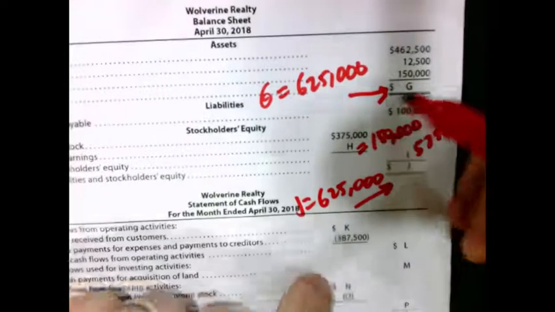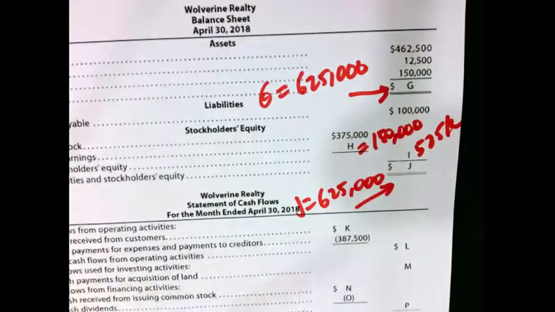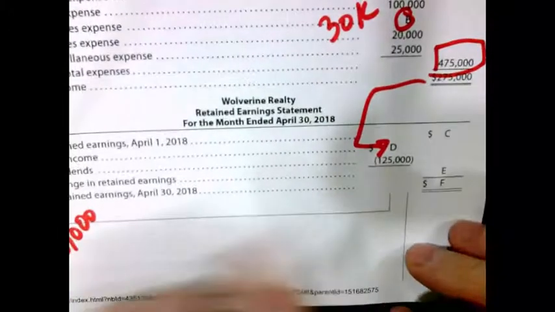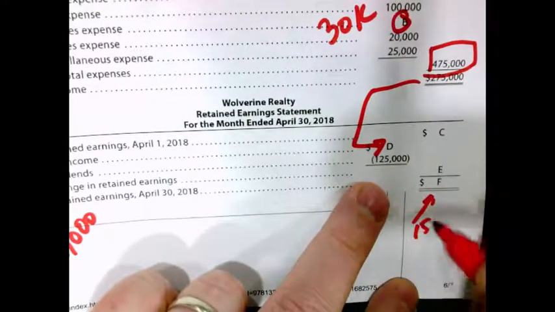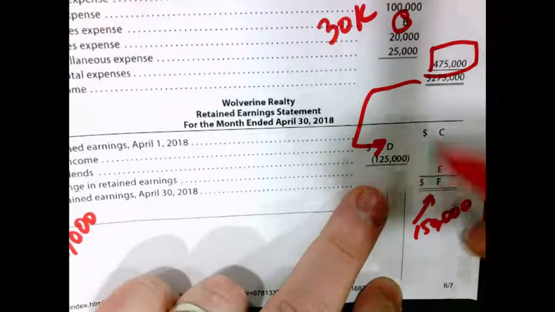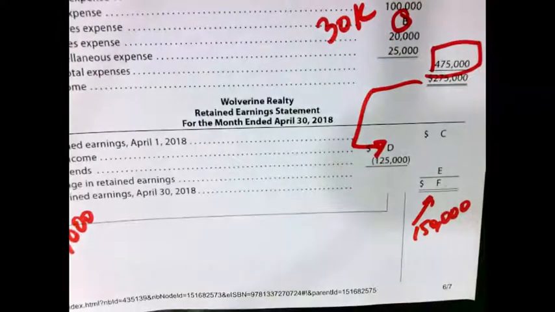Now, most importantly, we figured out that retained earnings at the end of the period is $150,000. Don't forget, we still have to figure out a bunch of items from the statement of retained earnings, but now we have the information to answer that, because we know retained earnings at the end of the year is $150,000. We know also the net income, and we know the dividends.